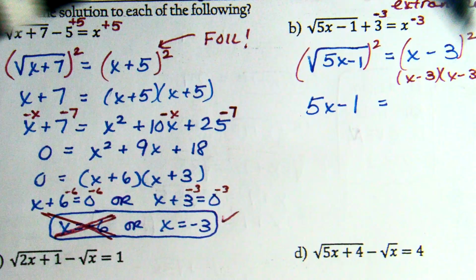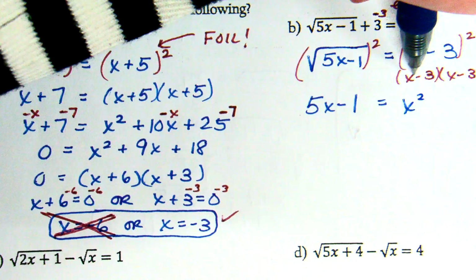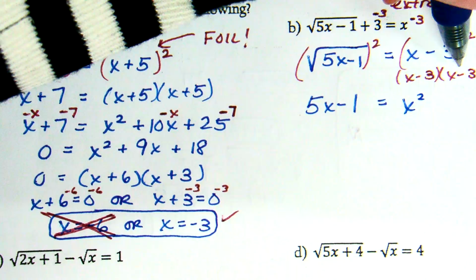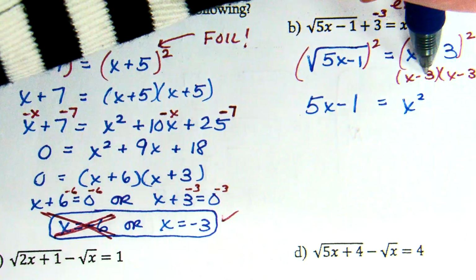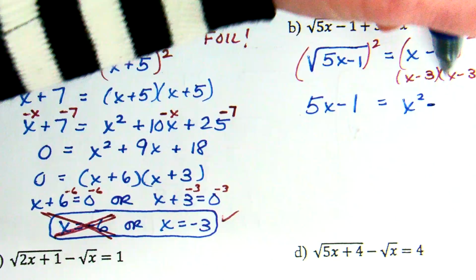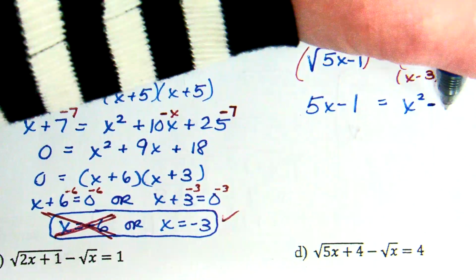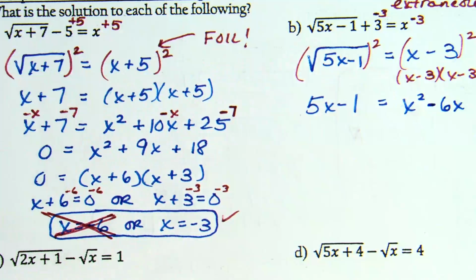So x times x is x squared. X times minus 3, minus 3x. Minus 3 times x again, minus 3x. Minus 3x and minus 3x is going to make it minus 6x. And then minus 3 times minus 3 is plus 9.